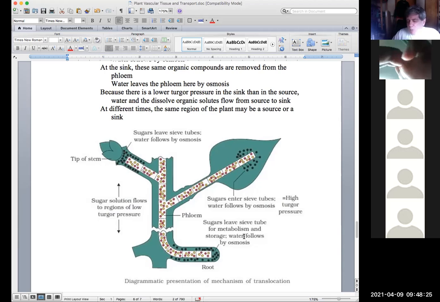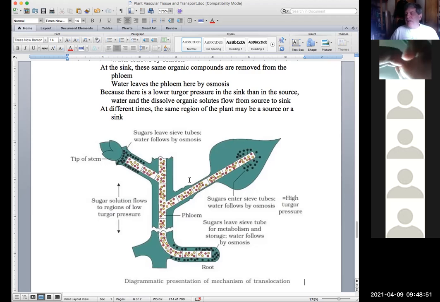When we have a lot of water in one area and less in another, we can measure the amount of water by something called turgor pressure. So the turgor pressure in this area, and it's always going to be true, wherever we have the source, the turgor pressure is high. Wherever we have a sink, the turgor pressure is low.